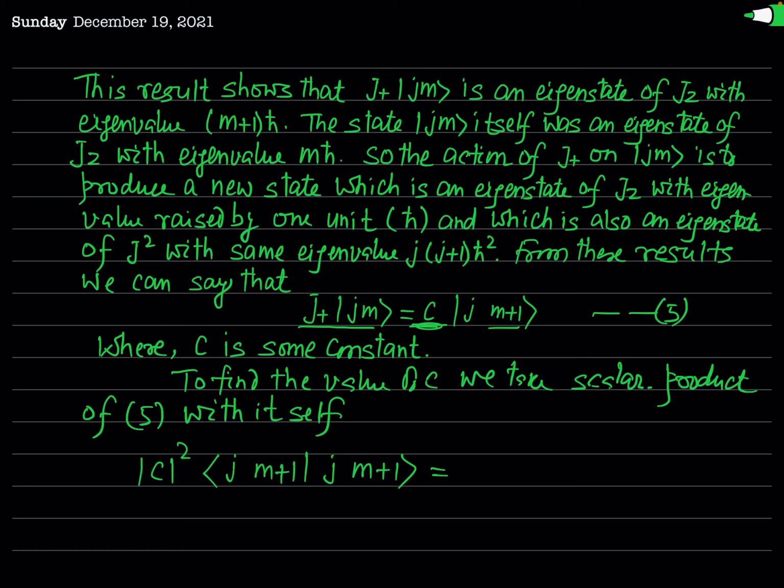So this will be what? We have to take the scalar product of J+ |k, j, m>.